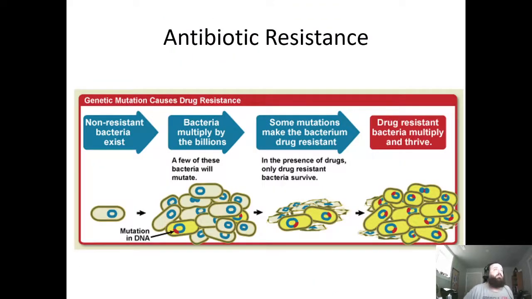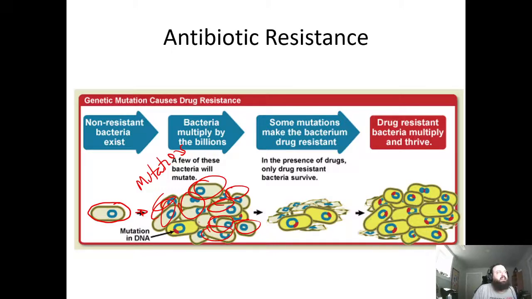Another thing that you've probably heard of before is antibiotic resistance. So let's say we have a bacteria right here. The bacteria will multiply by the billions, and so now you've got a huge number of bacterial cells. Because of the nature of the replication process, there will be mutations or mistakes in the copying of the nucleic acid.